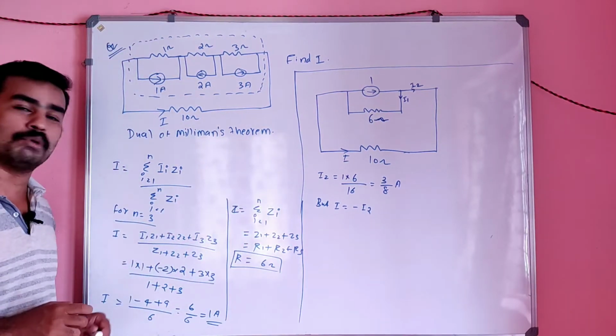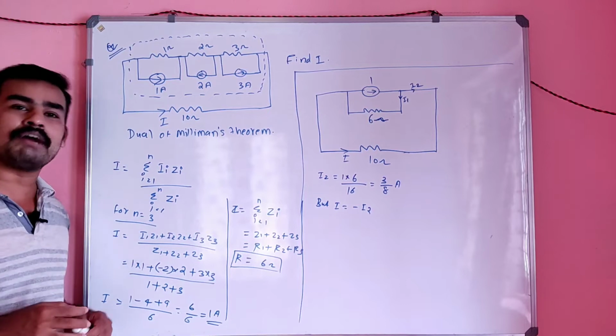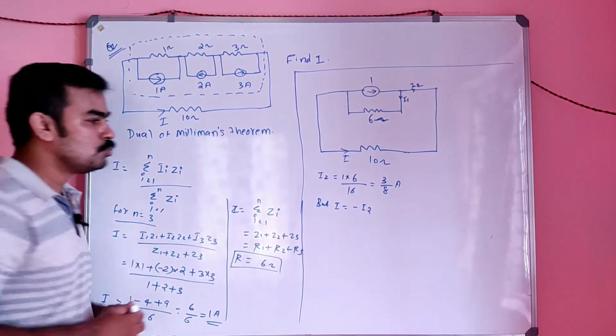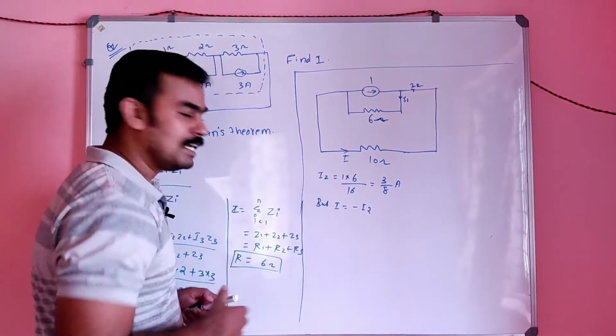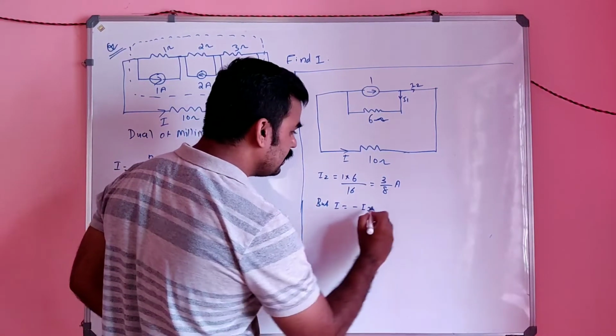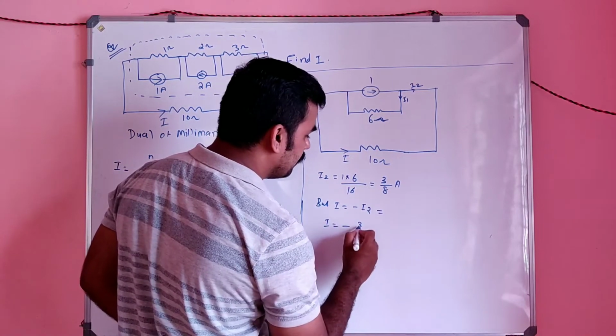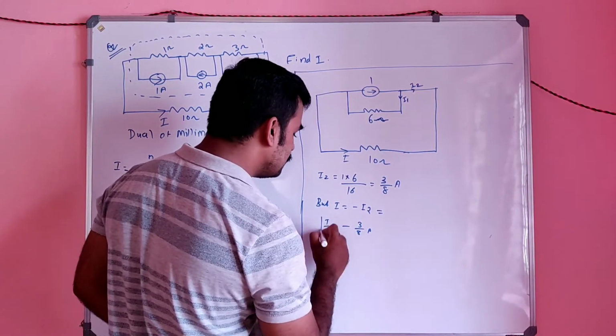That is the main thing you have to notice. Otherwise the answer will be wrong. So I is equal to minus I2, which is minus 3 by 8 ampere. So this will be the final answer.